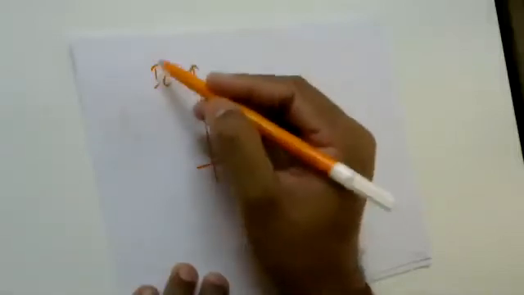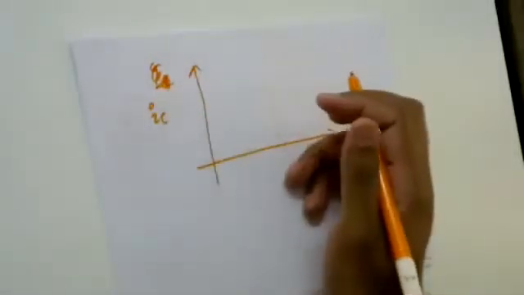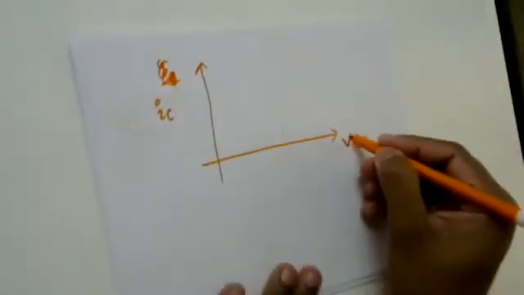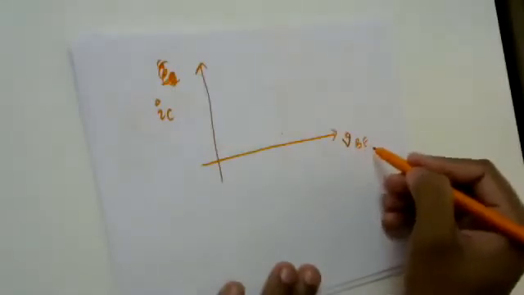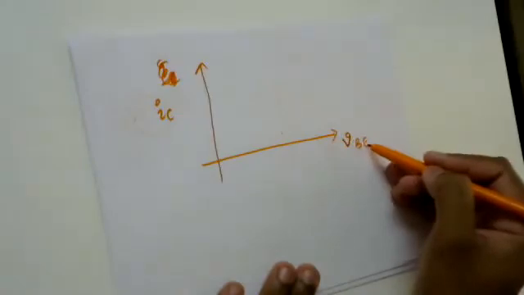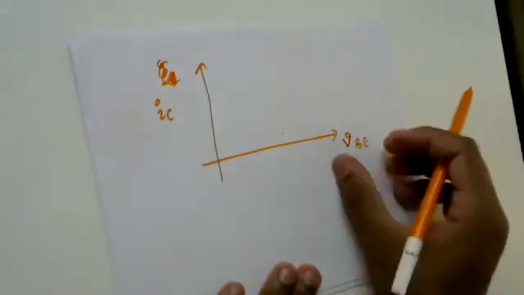Now I should not represent this as a capital IC because it's not a DC current, it's an AC current, so I should show it as small ic. And this V has to be small v with capital BE, which means it has both the AC component as well as a DC component.